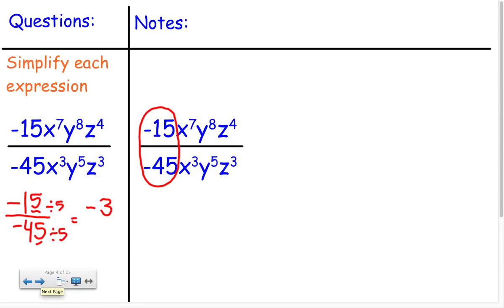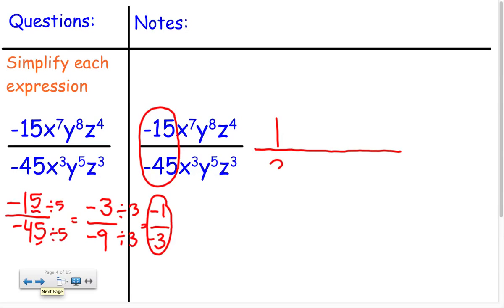Negative 45 divided by 5 is negative 9. Now I still can keep simplifying, because if I have 3 and 9, 3 can go into both. And I'm left with negative 1 over negative 3. Now keep in mind, a negative over a negative makes a positive. So 1/3 is my simplified fraction. I started with negative 15 over negative 45, and I'm ending with 1/3.